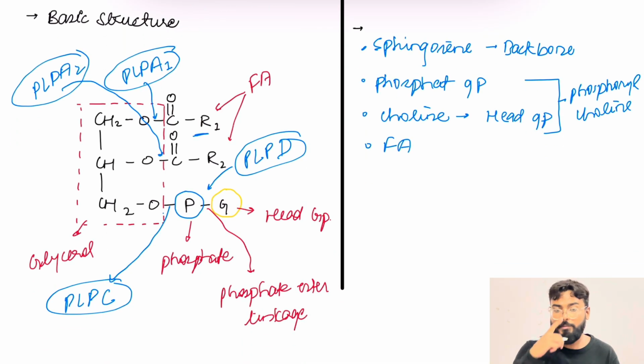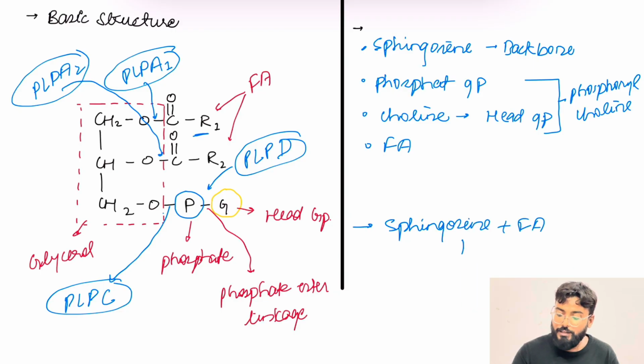So what is remaining here? The remaining components are sphingosine and fatty acid, which combined are known as ceramide. This is your ceramide.